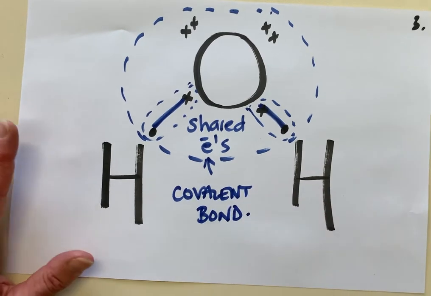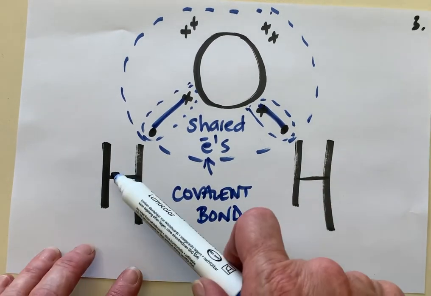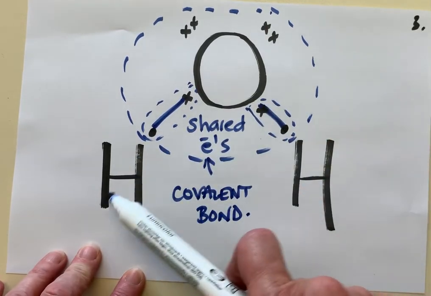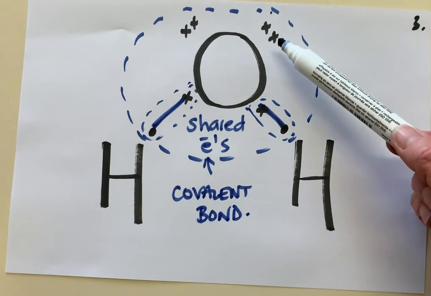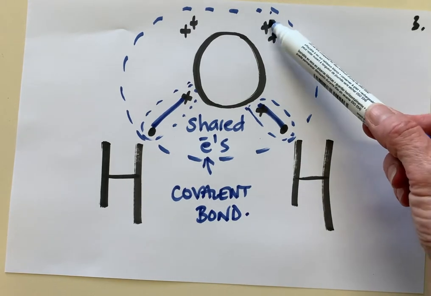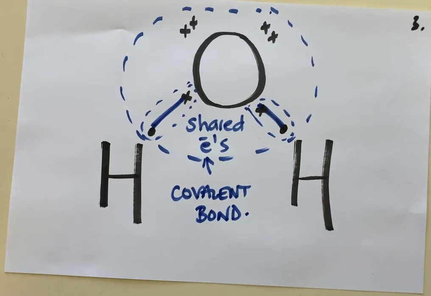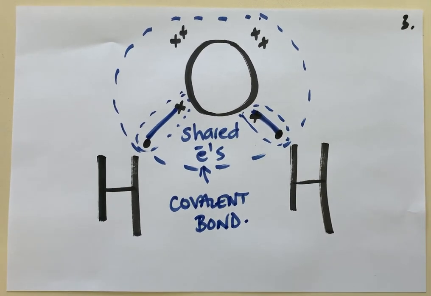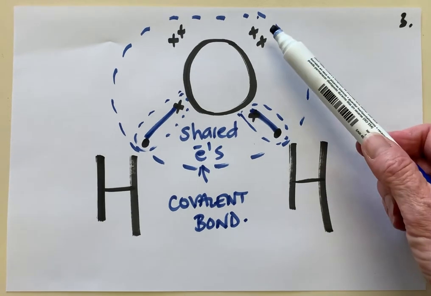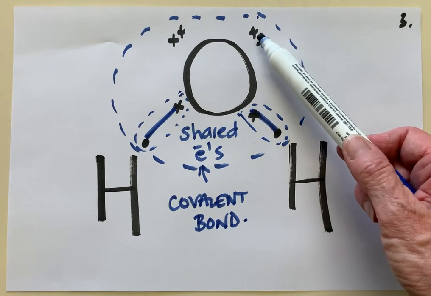Now you might be wondering why, I'm hoping you're wondering why, I've drawn this as a V shape. Okay, now electrons, as you can see, are in pairs. And I wonder whether you've ever asked yourself why electrons are in pairs when you know that negative charges repel. Well, that works because these spin in opposite directions.